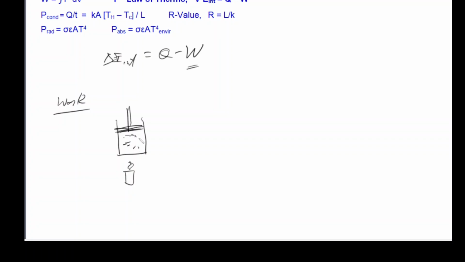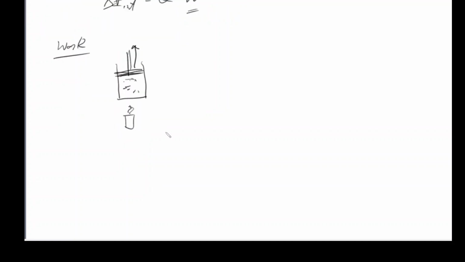As we heat up the gas, the pressure and the temperature increases in the gas, and it expands and it pushes the piston up. So that's moving this piston over a distance with a force, so it's doing work. So this is work done by the system.